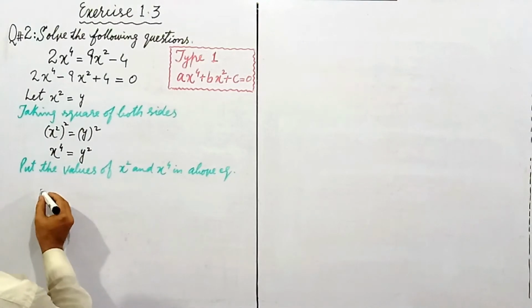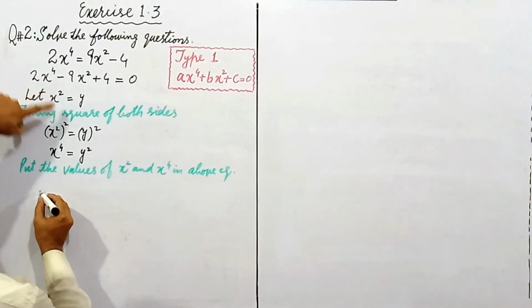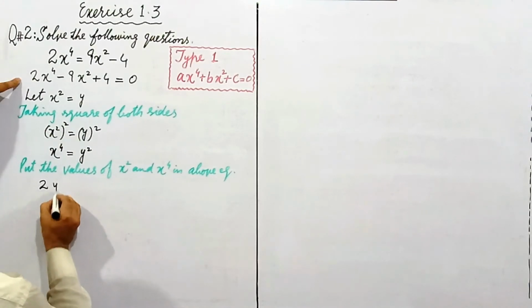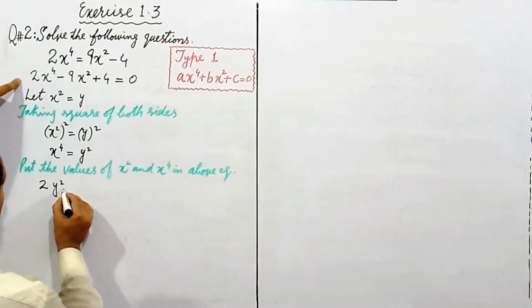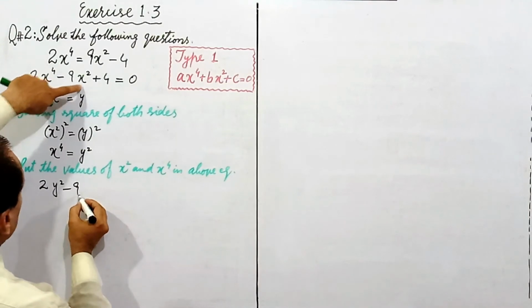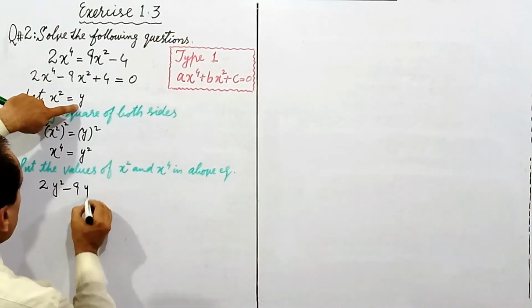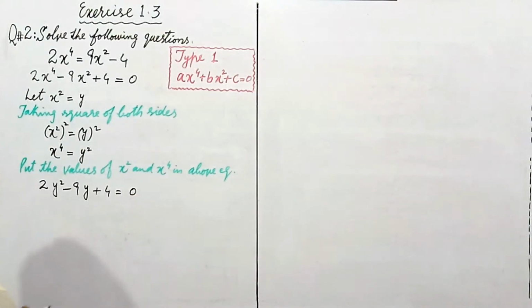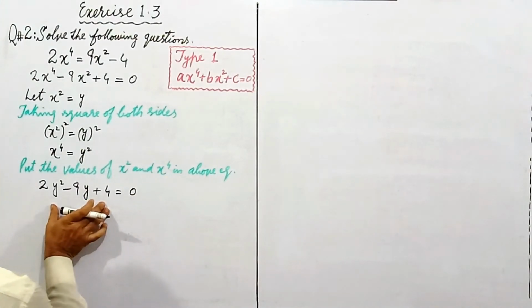By replacing the value of x raised to power 4, which is y square, we have 2y square minus 9, the value of x square is y, plus 4 is equal to 0. As this is a quadratic equation, we apply the method of factorization. For this, we use the midterm breaking method.